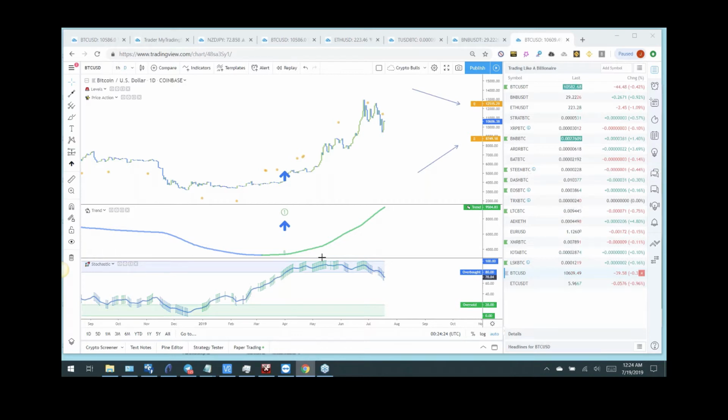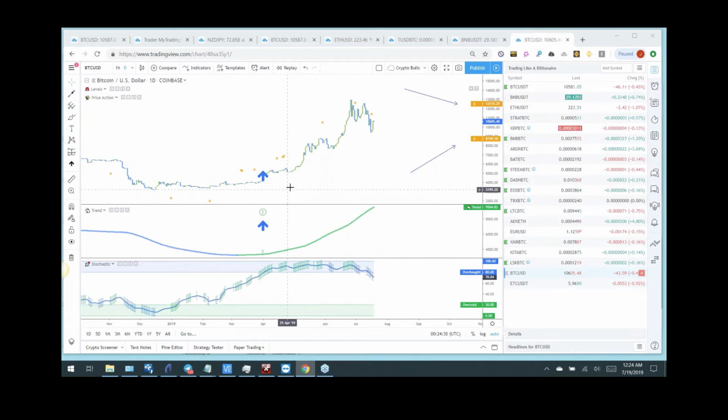The signal we had over here in March, when Bitcoin finally started to turn up, was down here at around 5,000. This signal was up over 100% and caught this whole move over the last few months.